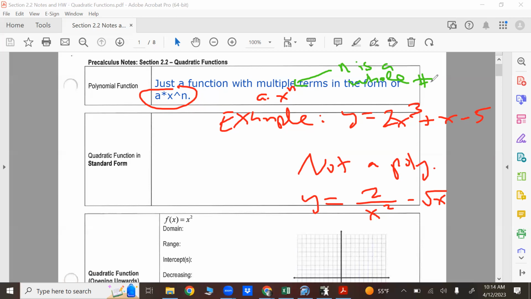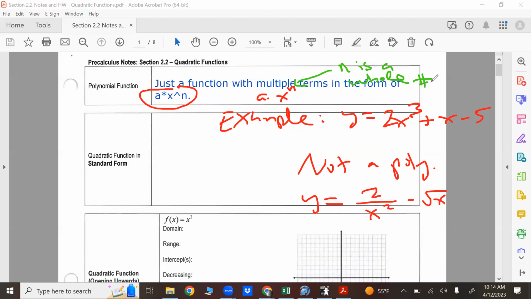When you have negative exponents, where does it go? The bottom. So it's negative 2. What's the exponent for the square root? 1/2. Thank you, Claire. Are negative 2 and 1/2 whole numbers? No. So that's not a polynomial function because the exponents are not whole numbers.